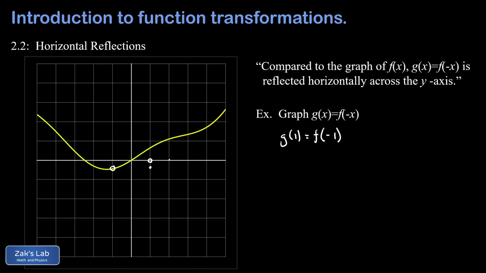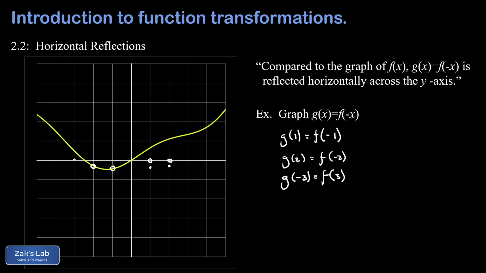If we sub in x equals 2, g of 2 is f of negative 2. So we take the y value from over here and we translate that over here for the graph of g. We can also go the other way around and look at negative values of x. So like g of negative 3, for example, that's going to be f of negative 3, or f of 3.